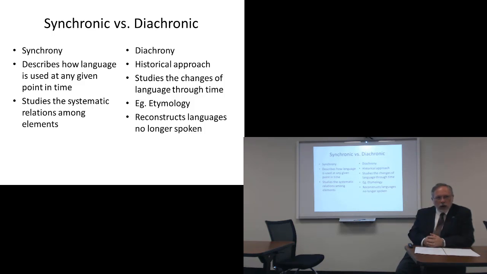In the diachronic approach, you're looking at language as it changes through time, okay? So you will look at, for example, English the way it is spoken today, English the way it was spoken 100 years ago, 200 years ago, 400 years ago, 500 years ago, Shakespearean times, 600, 700, 800, 900 years ago.